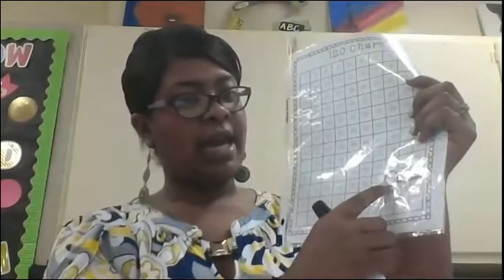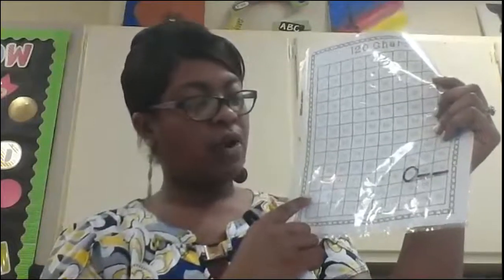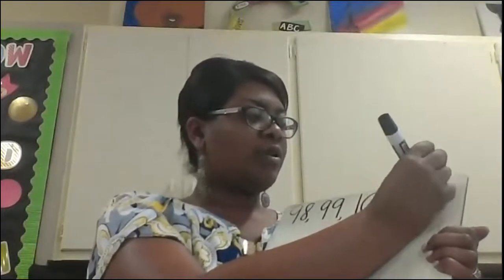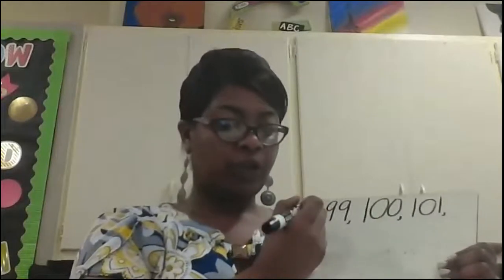Okay? After 100, you should have 101. So on my 120 chart that I have, 98, 99, 100. Then I go back over to the new row, 101. After 101, 102.